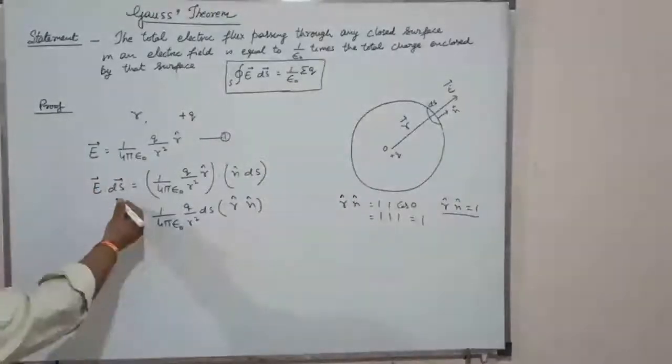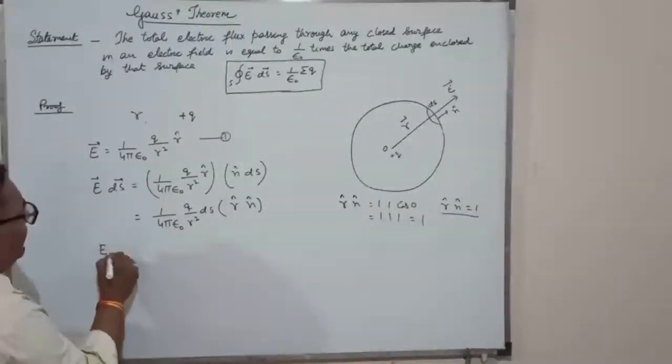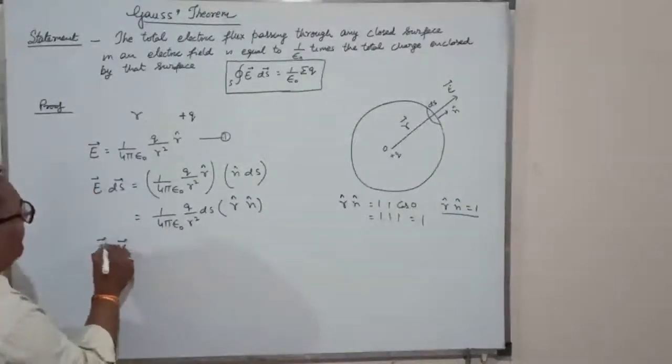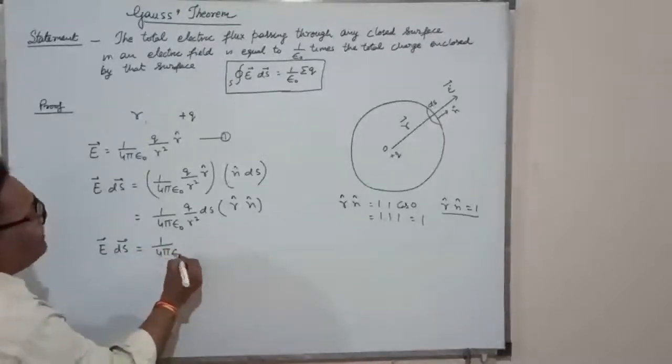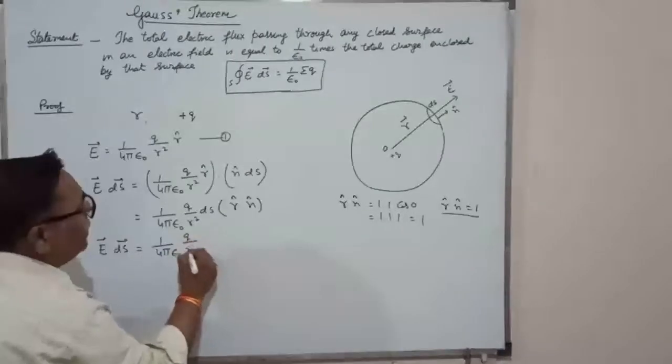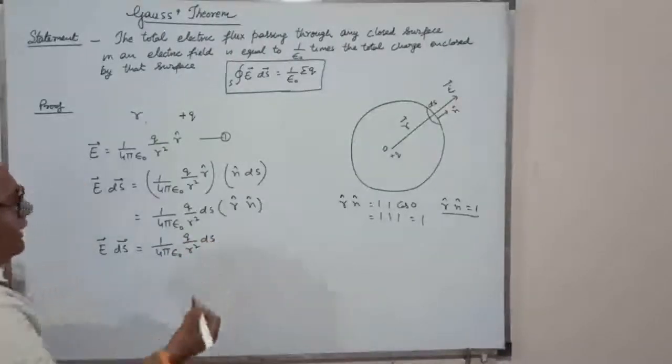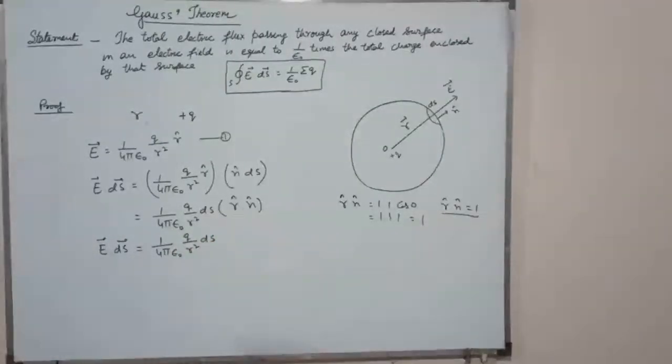Clear? Or this expression is written as E dot ds is equal to 1 upon 4 pi epsilon 0 q upon r square ds. Clear?